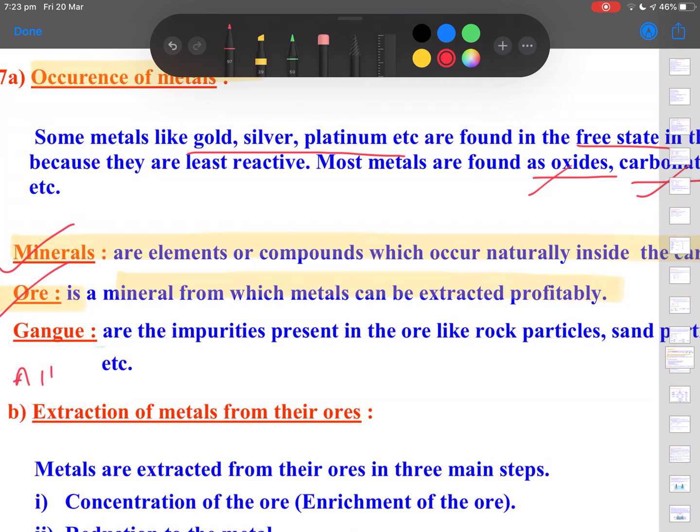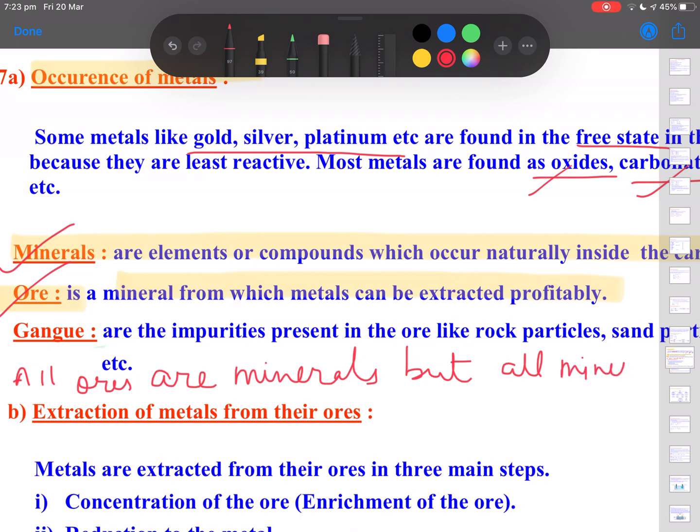All ores are minerals, but all minerals are not ores. Mark this point, a very important point.